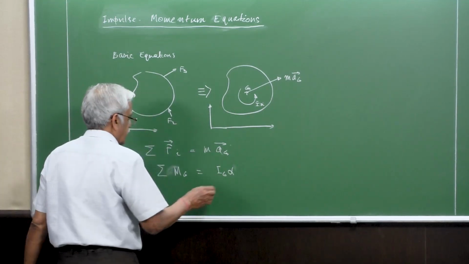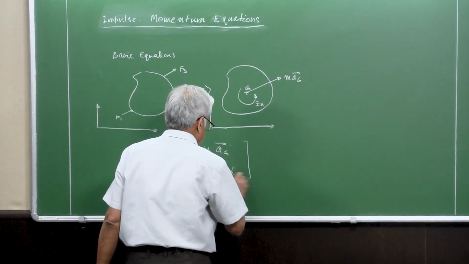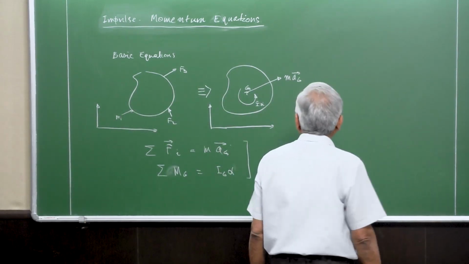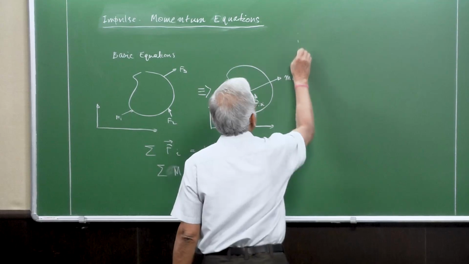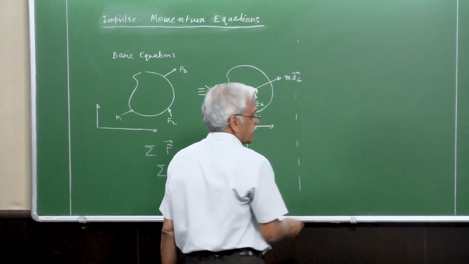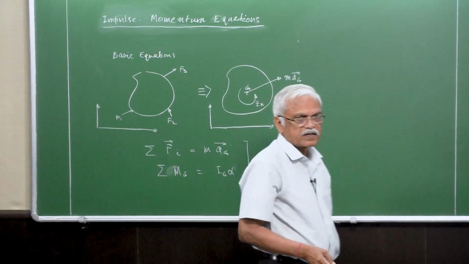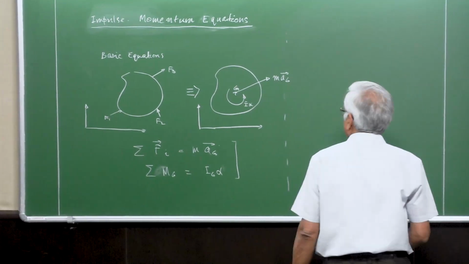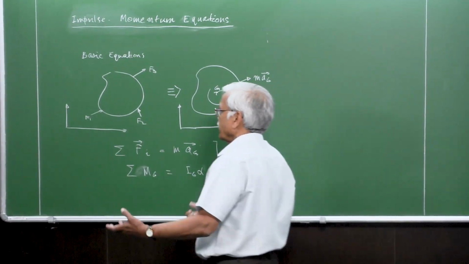So these are the two equations. What we would like to do is integrate them. So we take the basic equations and then we integrate with time, which means what will happen over an interval of time.